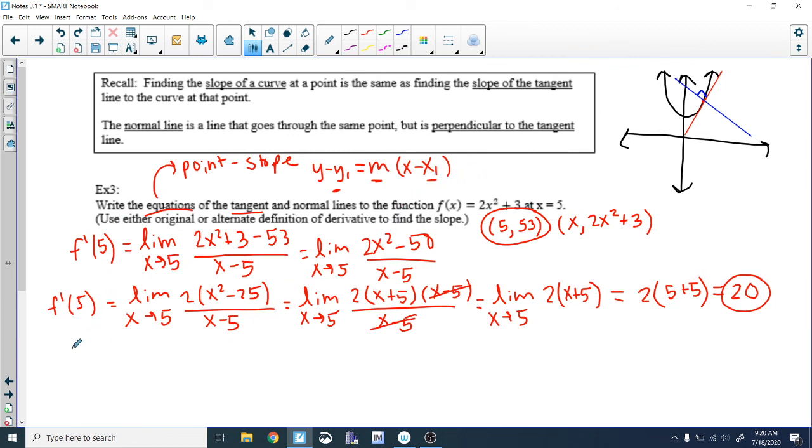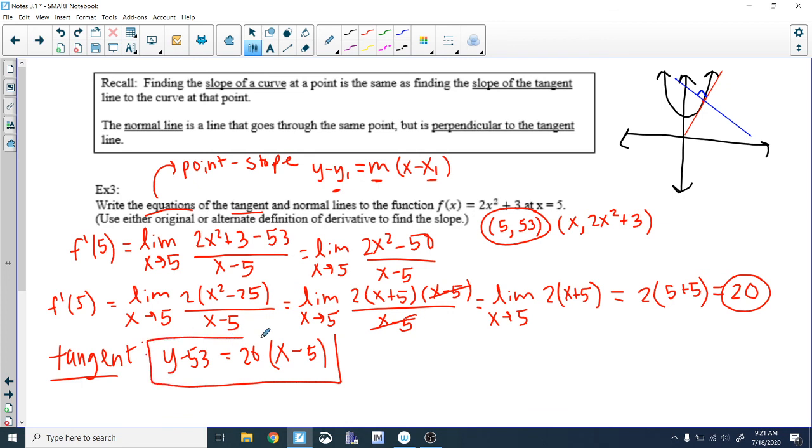So I'm going to put this down here. Here's the equation of my tangent line. It would be y minus 53 equals 20 times x minus 5. And you can leave the equation of the tangent line in that point-slope form.